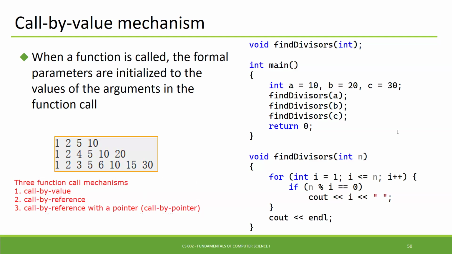Among the three, these two, 1 and 2, in CS2, I'm going to talk about this. Maybe I'm going to talk about call by reference next week, and today I'm going to talk about call by value. The third one, the last one, is the topic of CS3A.